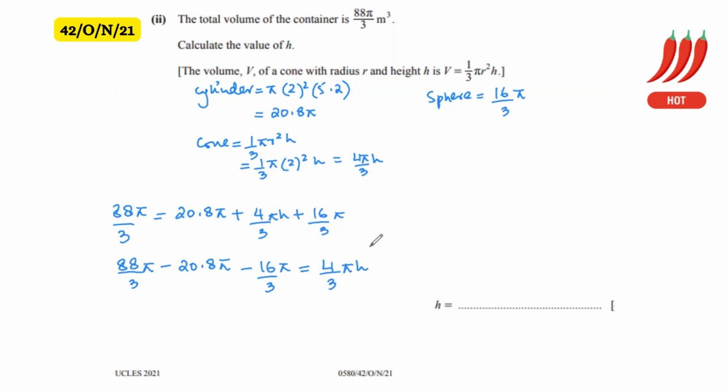If we solve these, on the left-hand side, we'll get 3.2 pi. So you can cancel the pi's on both sides. And we have 3.2 times 3 over 4 equals the height. And that is going to give us 2.40 meters for the height. That is your answer.